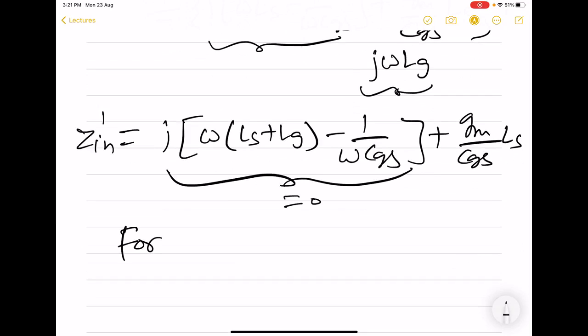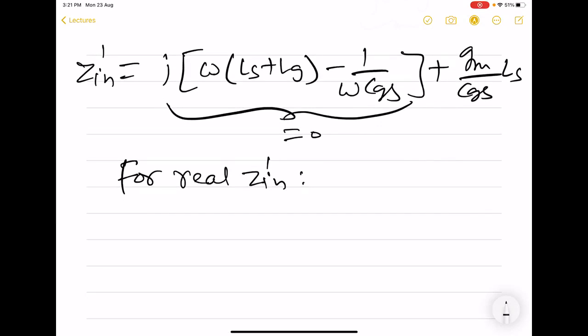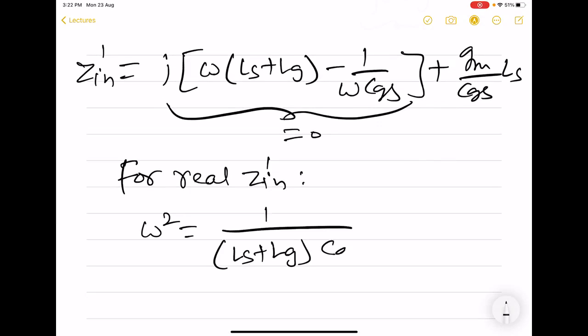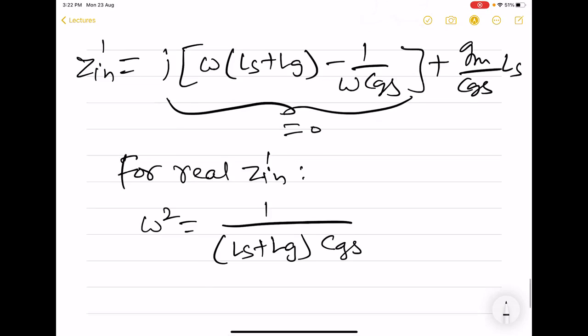So for real Z_in dash, what we should have is omega squared is equal to 1 by (L_S plus L_G) into C_GS.